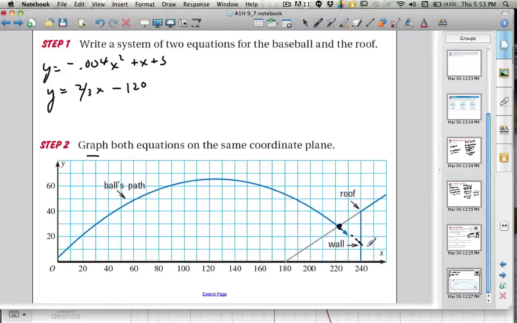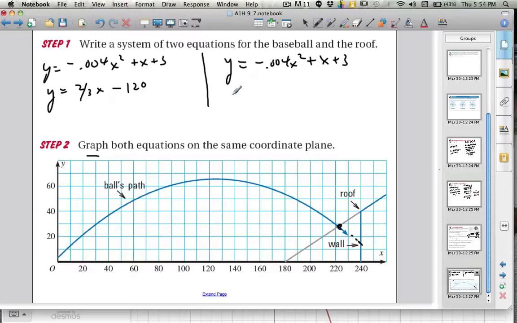It does look like the ball probably hits the wall. That would be a different sort of question. If I looked for the intersecting point for the ball and the wall, that would be y is equal to negative 0.004x squared plus x plus 3.